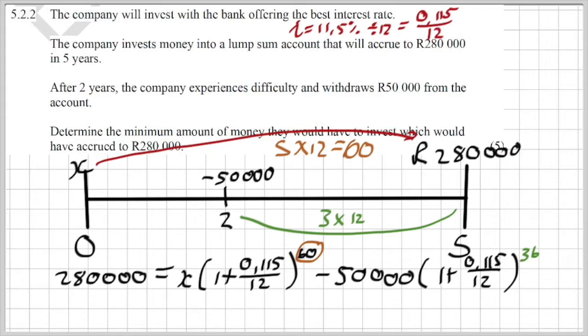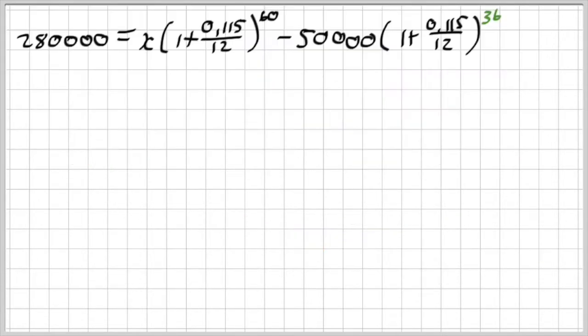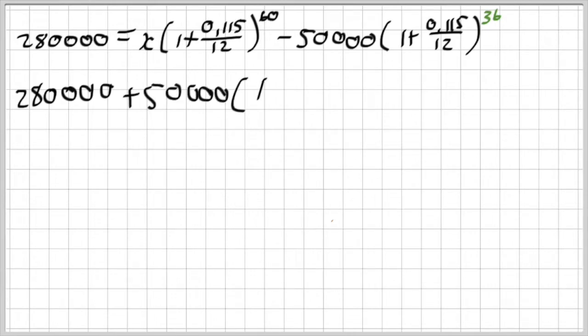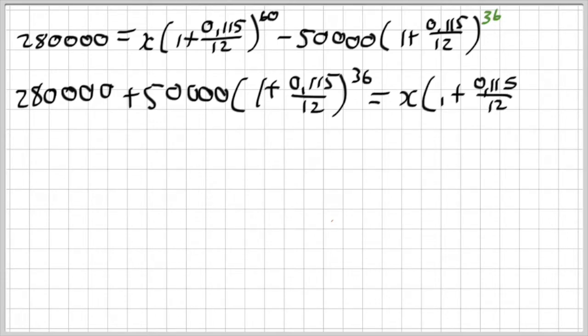Now, to make life a little bit easier, because I'm running out of space, I just rewrote that on a new page. So how do I now solve X? Little bit by little bit. I'm first of all going to take that negative 50,000 with its bracket, and I'm going to add it on the left-hand side as well. That leaves me with that expression. You will see that I don't actually calculate that left-hand side, because I've got an awesome calculator that can do all of this at once.